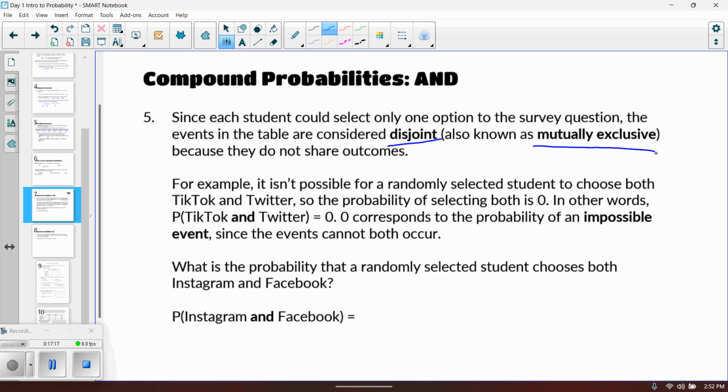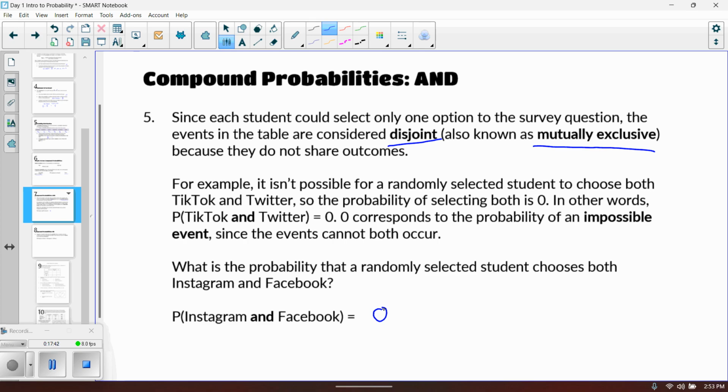So for our example, again, it was only possible to select one thing. So what's the probability that a randomly selected student chooses both Instagram and Facebook? Well, since I only allowed you to select one, the probability of you selecting both is 0. There was no way for you to do that.